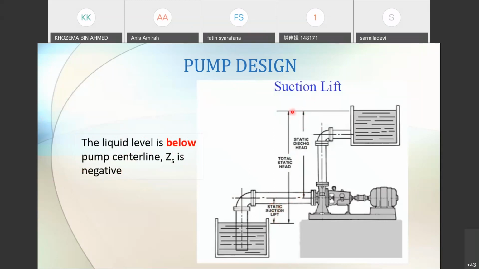Okay, so that is how we get our total static head. So total static head is the highest point of the water discharge minus the highest point of the water in the suction side. Highest point of water discharge to the highest point of suction side.